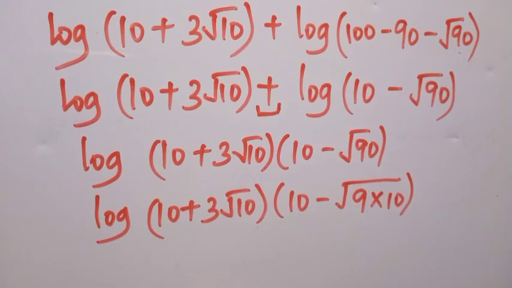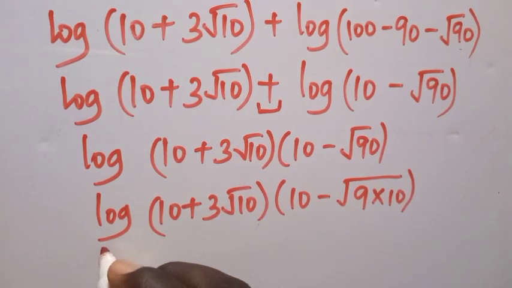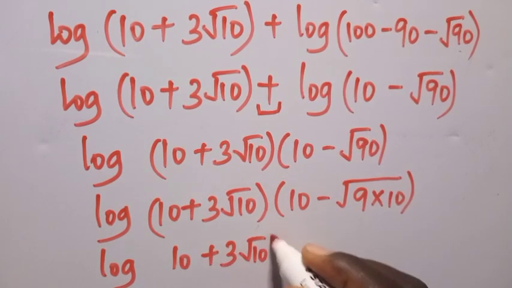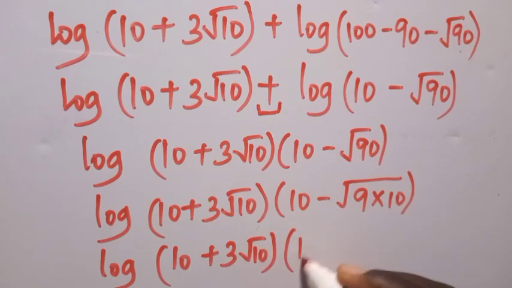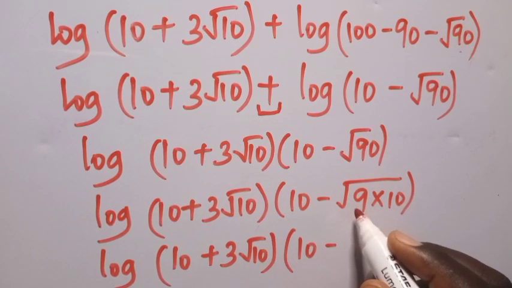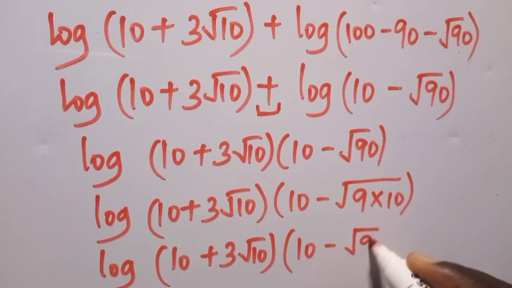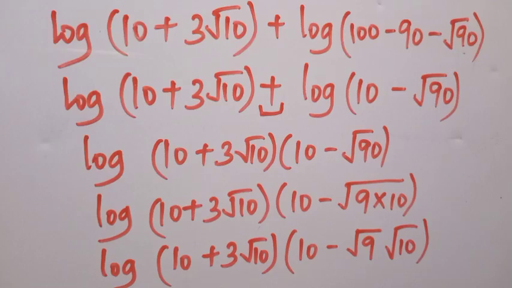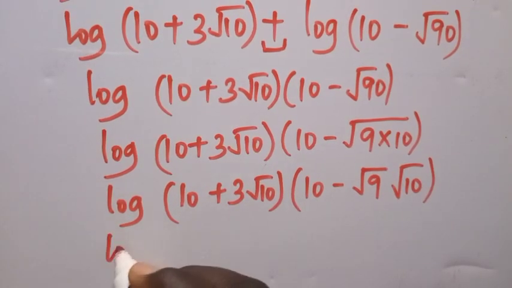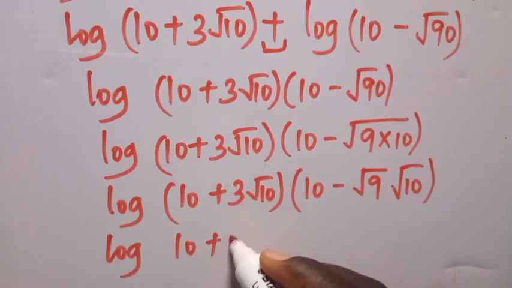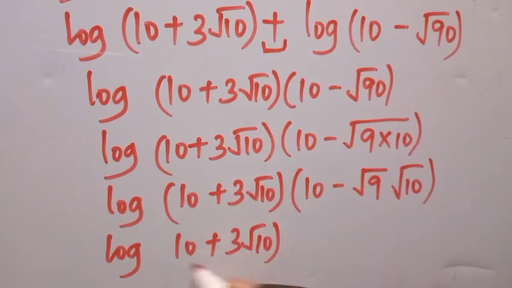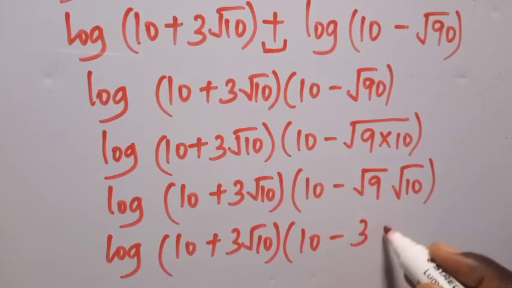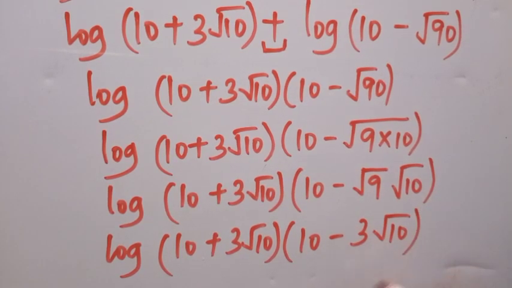Then we have the logarithm of (10 plus 3 root 10) times (10 minus the square root of 9 times the square root of 10), from surds. From there, the square root of 9 is 3, so we have (10 minus 3 root 10).